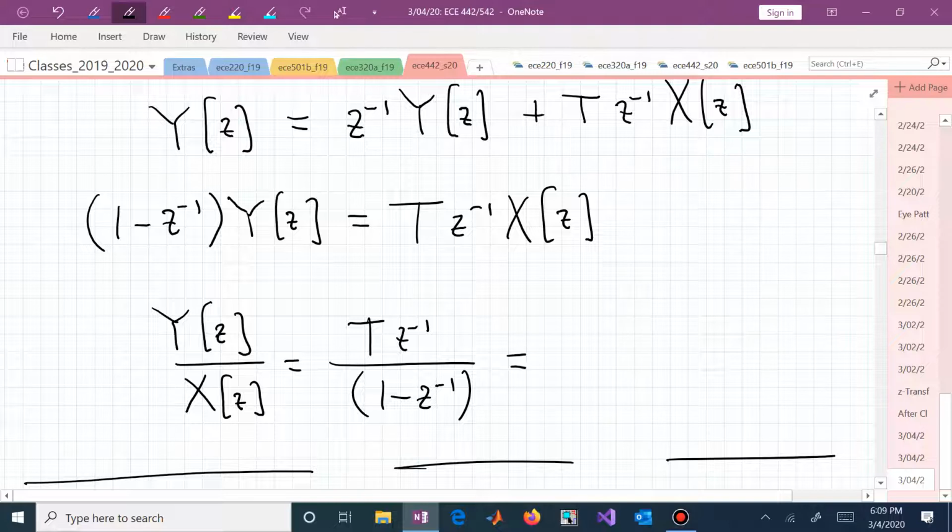And how do we rewrite that in terms of positive powers of z? Multiply by 1, right? Z over z. And in so doing, what happens in the numerator? We end up with a T, and downstairs we end up with a z minus 1. So in this case, where is our pole?